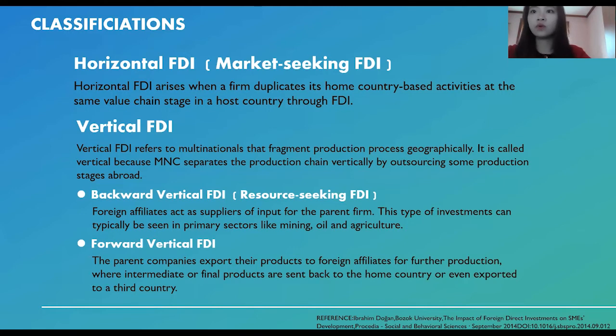Furthermore, vertical FDI can be distinguished into backward and forward vertical FDI based on where the various kinds of input are coming from. In the case of backward vertical FDI, foreign affiliates act as suppliers of input for the parent firm.